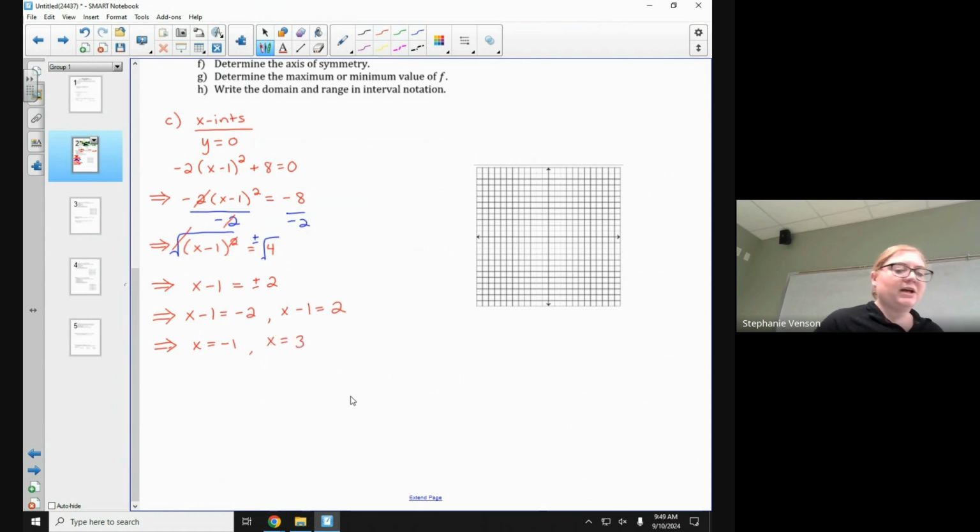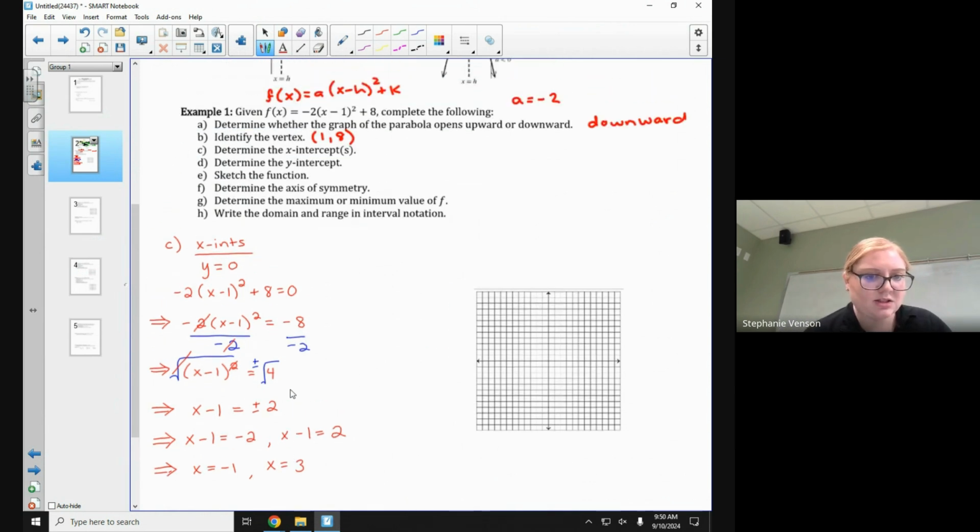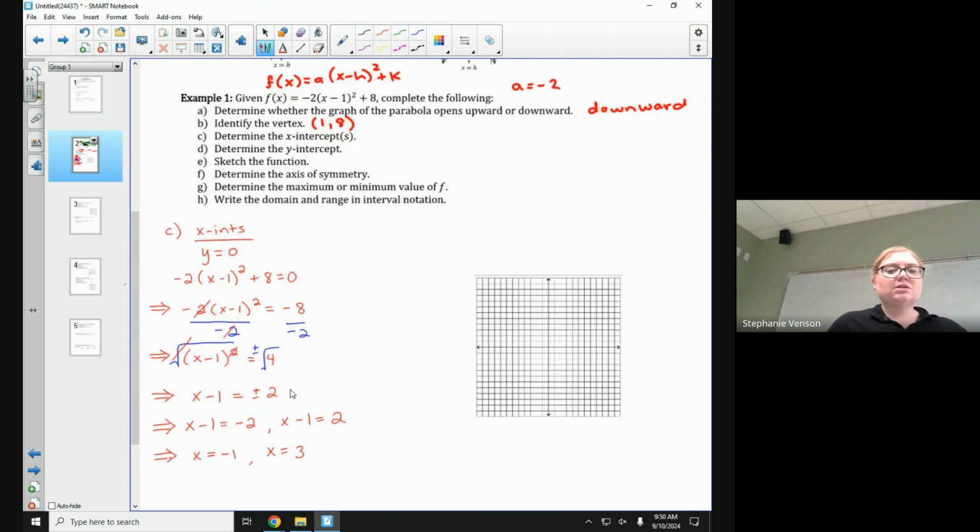So it looks like my x-intercepts are -1 and 3, but I will tell you I went through and did it in Alex so I could give you hints. And they are going to ask for those x-intercepts in coordinate points. So as for putting in your answer, you'll write (-1, 0) and (3, 0).